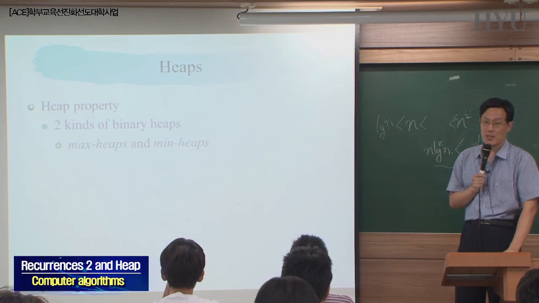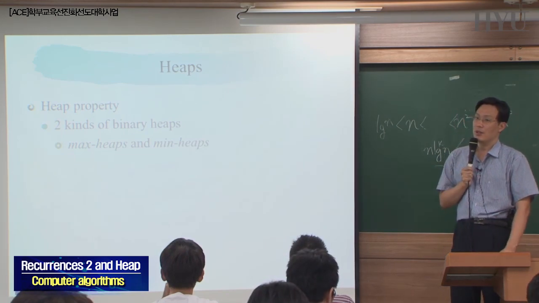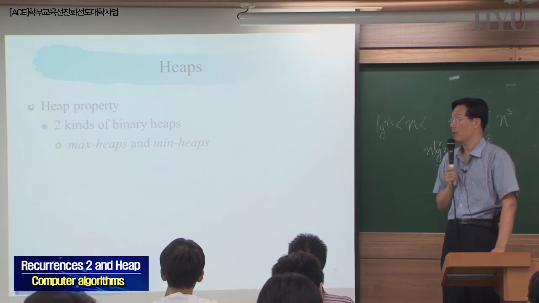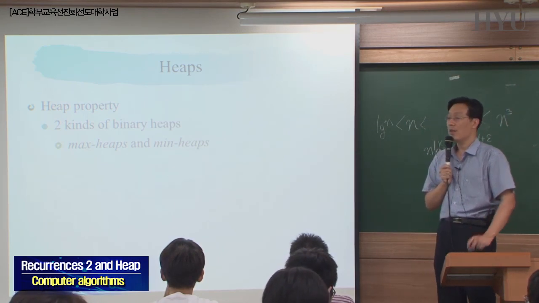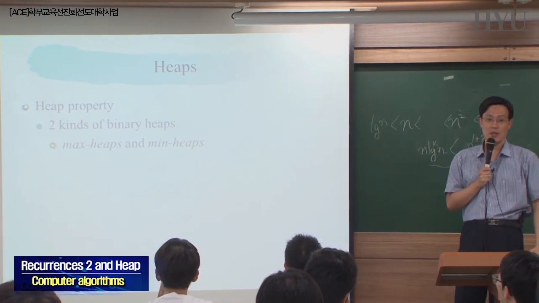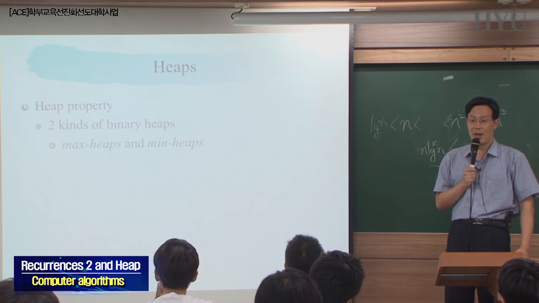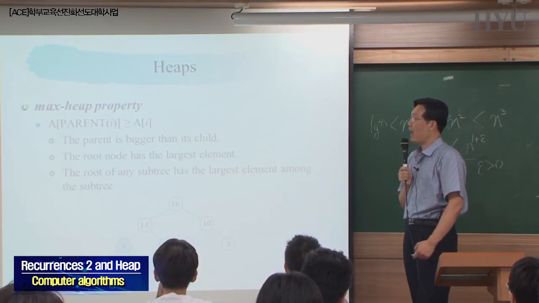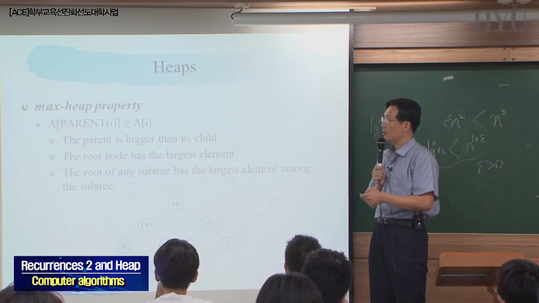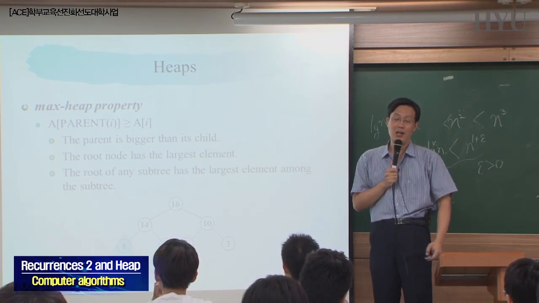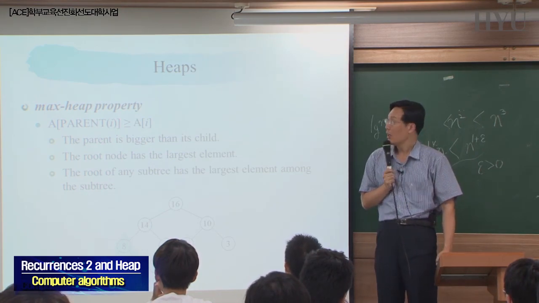Another requirement is the value of keys in the heap. There are 2 kinds of heaps, max heaps and min heaps. Let me explain the max heap first. In the max heap, the key in the parent is greater than or equal to the key in the child.